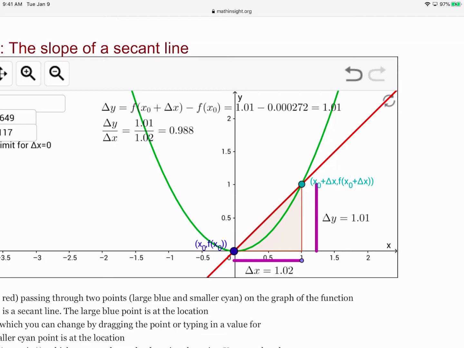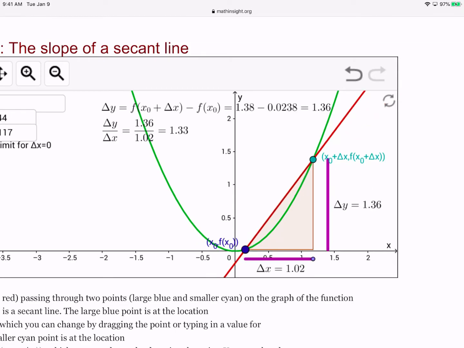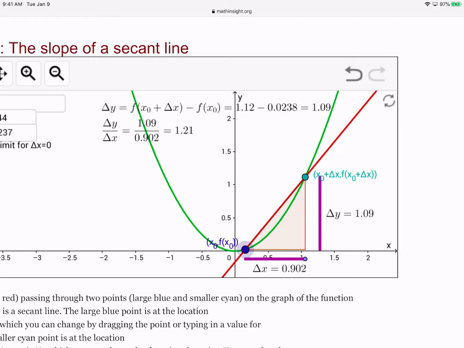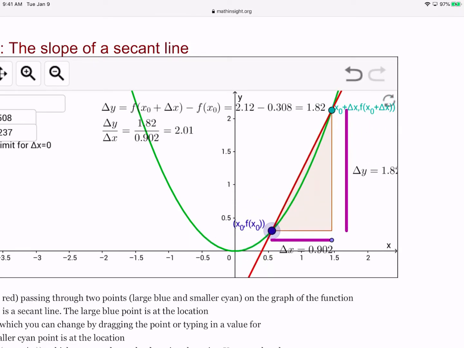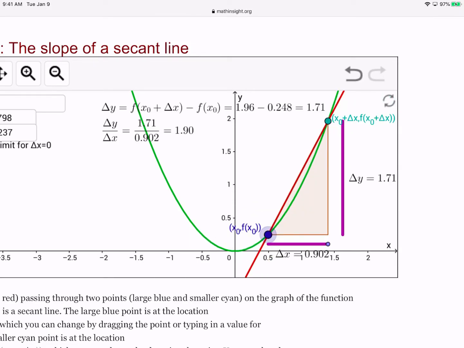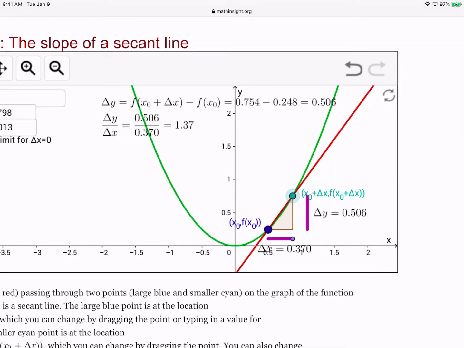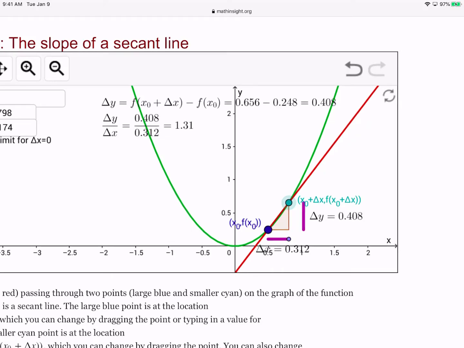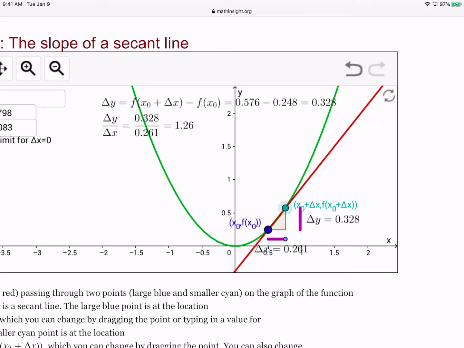So what someone came up with, if I want to, for example, find the rate of change at, say, 0.5, specifically just at 0.5, someone said, well, what if we pick points and we estimate it by finding slopes as it gets closer and closer to 0.5?